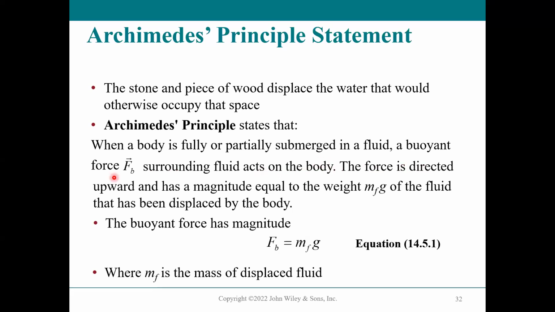The force is directed upward and has a magnitude equal to the weight mf g, the weight of the fluid that has been displaced by the body. So the buoyant force has magnitude Fb equal to mf times g, where mf is the mass of displaced fluid.